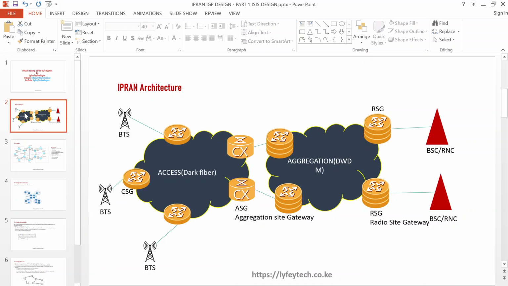So you need to deploy some protocols. This is why in today's class, we are looking at how to design an IGP. In this case, we are looking at ISIS as our IGP, how to deploy it on our network, and how to design it so that you have end-to-end reachability on your IPRAN architecture.